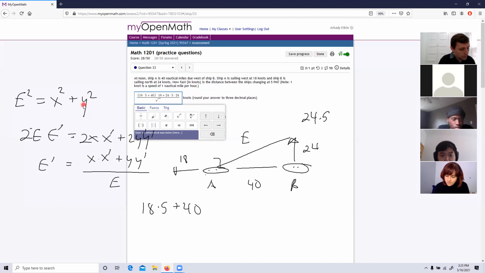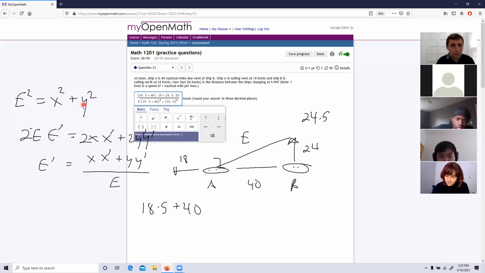What's x? It would be 18 times 5 plus 40, to the power 2, plus what is y squared? It's 24 times 5, raised to the second power.